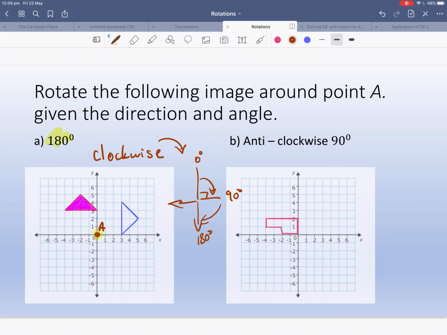And then if I go across, that's 270 degrees. If I keep going clockwise, and if I come back, it's 360 degrees. But what happens here is that I'm looking at this shape over here. It's not straight up and down, so we need to look at how it moves.